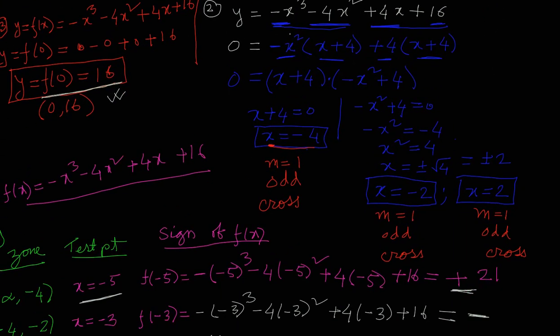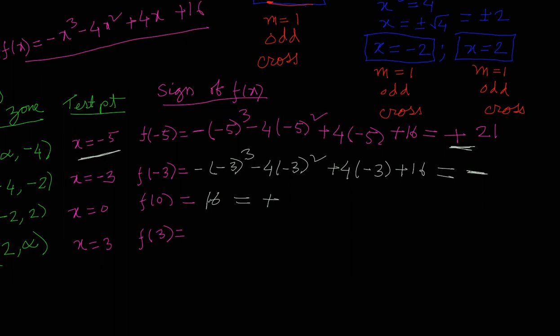And now finally let's find out function of 3. Function of 3 is negative 3 cube minus 4 multiplied by 3 square plus 4 multiplied by positive 3 plus 16.